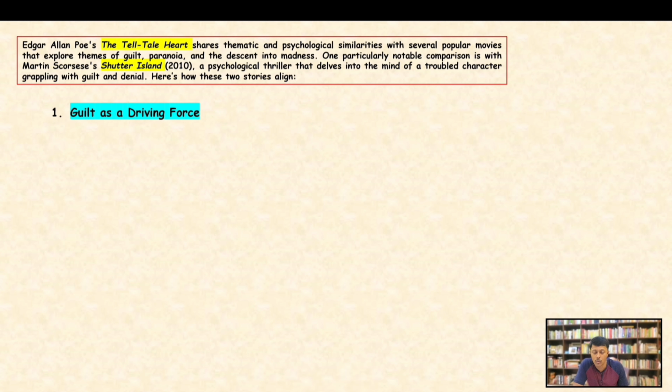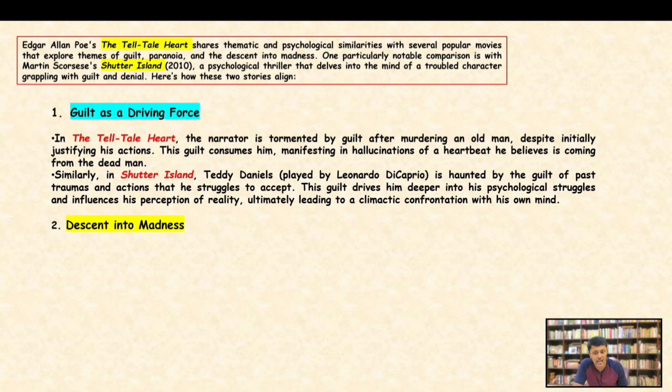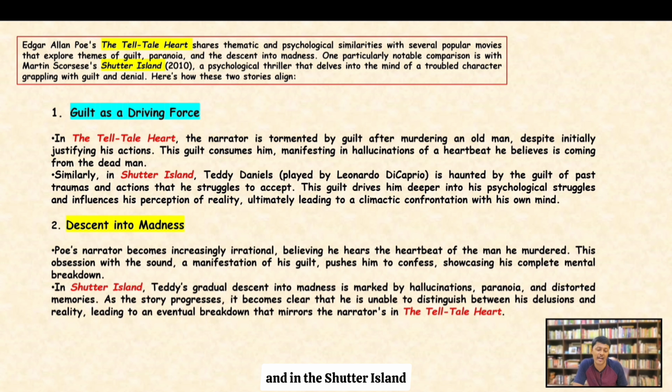There are two points that I have suggested here: guilt as a driving force in The Tell-Tale Heart and in Shutter Island, and descent into madness in both. So guilt and descent into madness are overwhelmingly present in both these texts. When you need to write an answer, you can give these examples for your support.